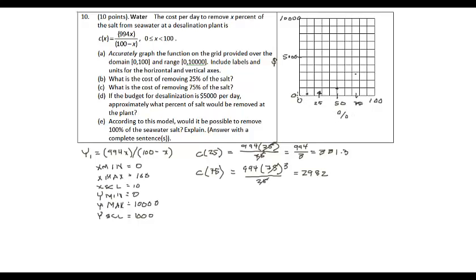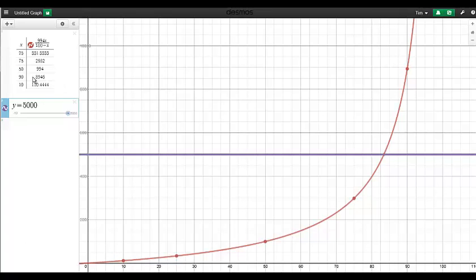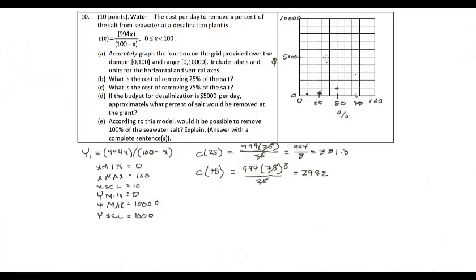Now it's a rational function. We don't expect a straight line here. Going back to the graph, we could calculate some more points. I did calculate 990, so if I want to remove 90%, I'm up to almost $9,000 for 90%. So 90% is here, up to about $9,000. So a point like that.